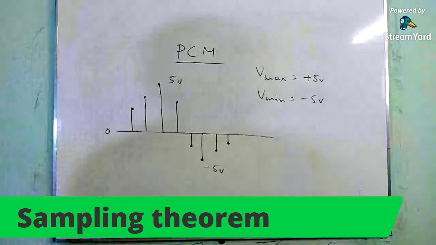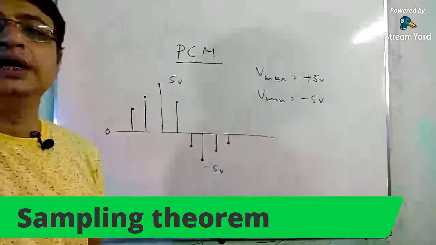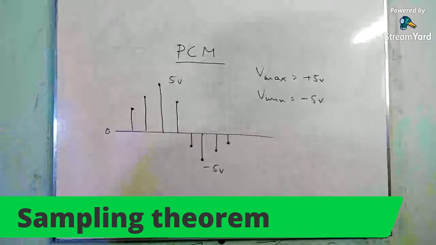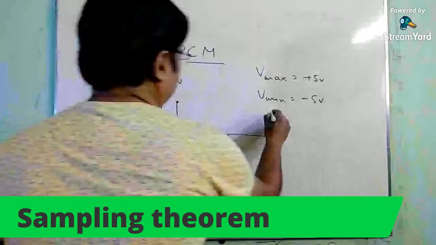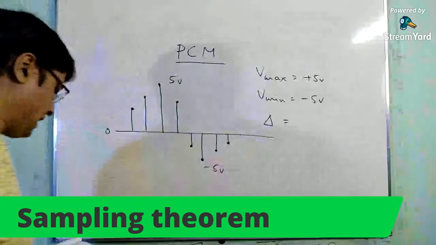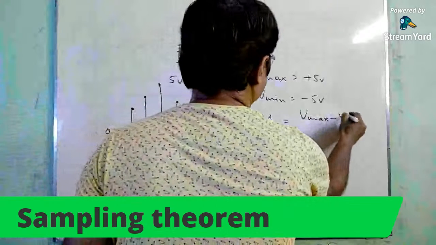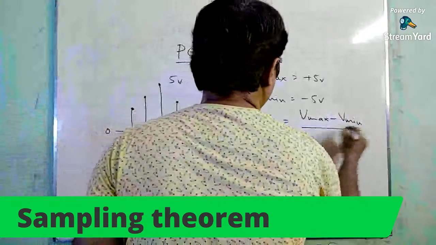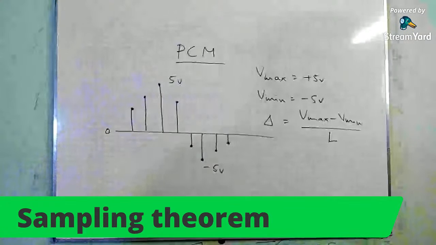Okay. Now in pulse code modulation, we have to divide this entire range of values into a number of zones or levels. Now these zones have height delta, and that delta is Vmax minus Vmin divided by the number of levels, that is known as L, or number of zones.